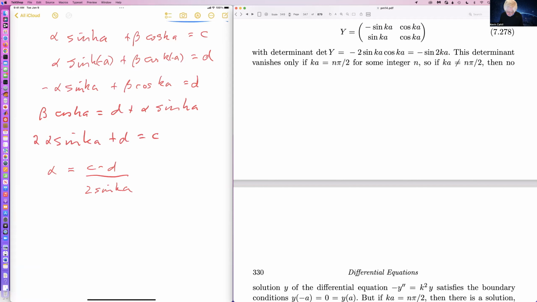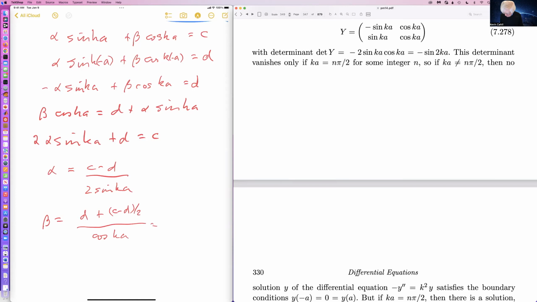And then beta is equal to D plus alpha sine Ka, which is C minus D over 2, divided by cosine Ka.